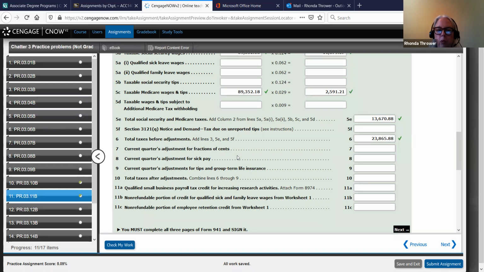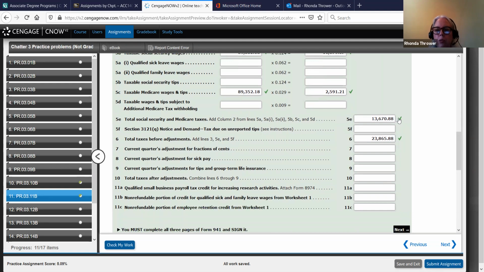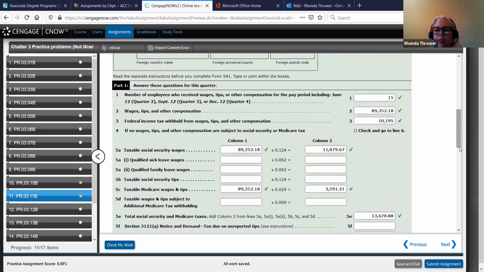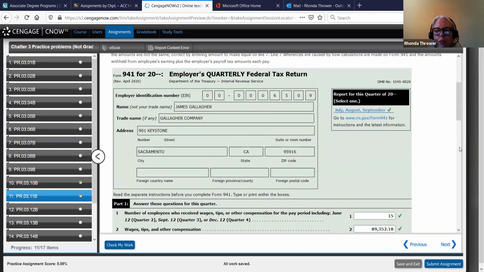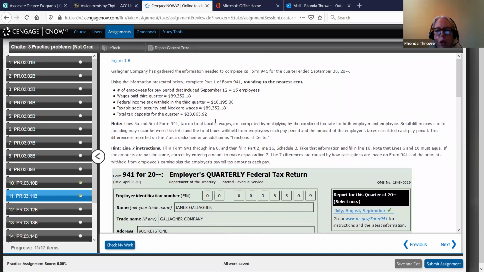In this problem, the only way we can determine what that adjustment for fractions of cents is we have to know exactly what the deposit is. In other words, you fill out line 6 of this form, and then you've got to go to another portion of the form to fill it out before you can determine what the total tax deposits are.